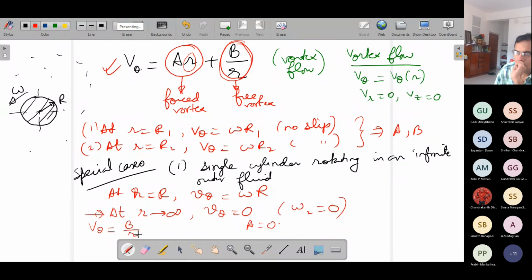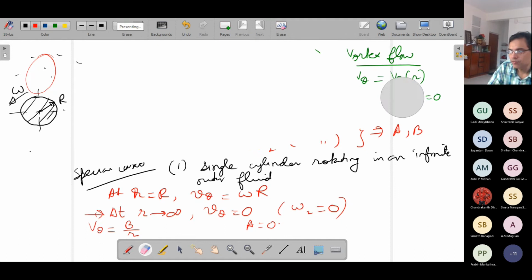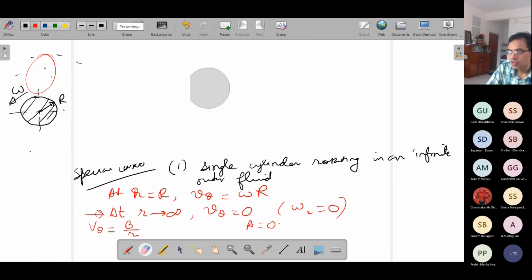Okay. So once you rotate it with that, you will get the flow field outside, in this region, generated just like this free vortex. Now, what is the viscous stress here? The viscous stress is very important in this special case. So we are continuing with the special case problem. That is v theta is equal to B by r.